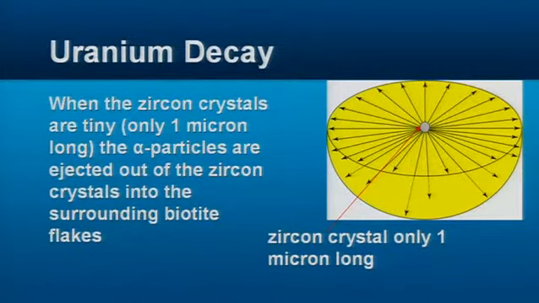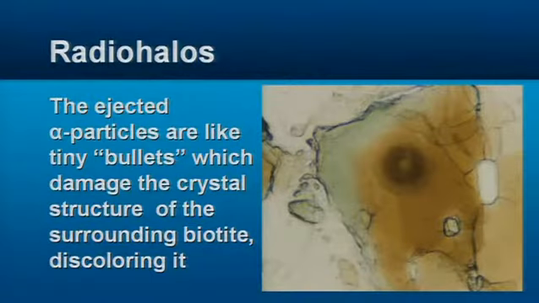And as I said on Tuesday night, it's like taking a gun and firing a bullet through a plasterboard. It leaves a trail of damage, and that trail of damage discolours the biotite crystal. And so this is called this discolouring, as you can see in this photograph. You can see the central zircon crystal there, and you can see all the damage, the discoloration.